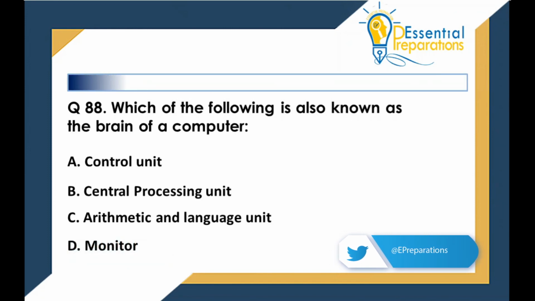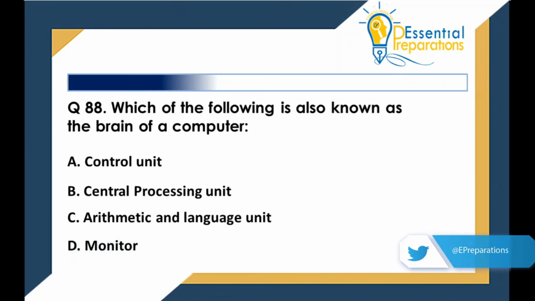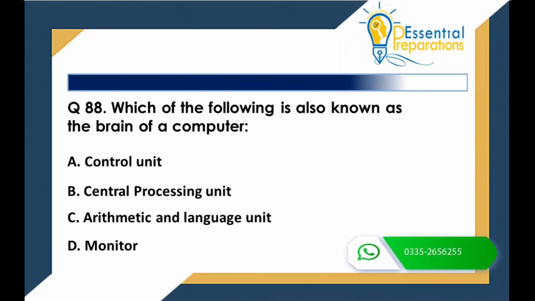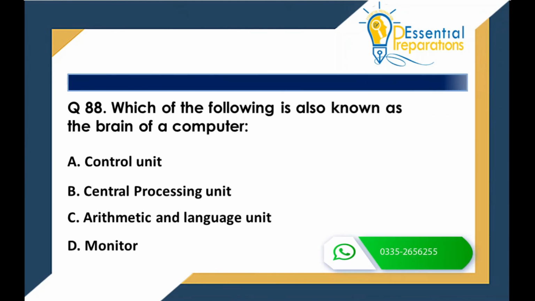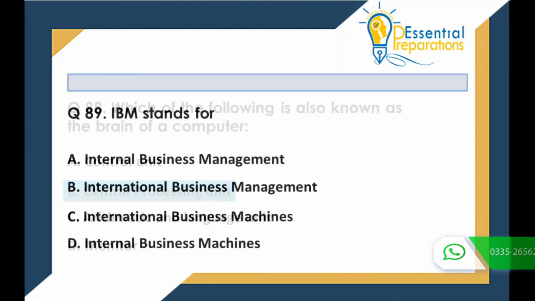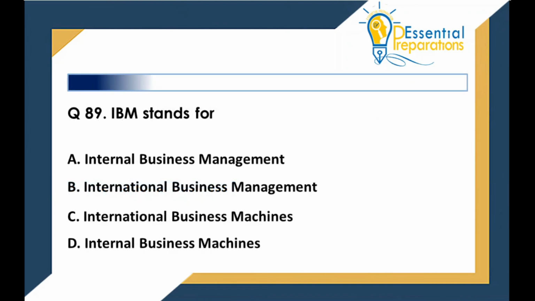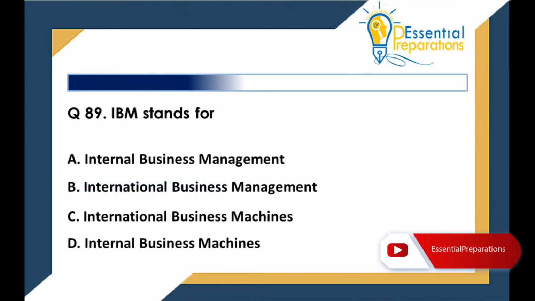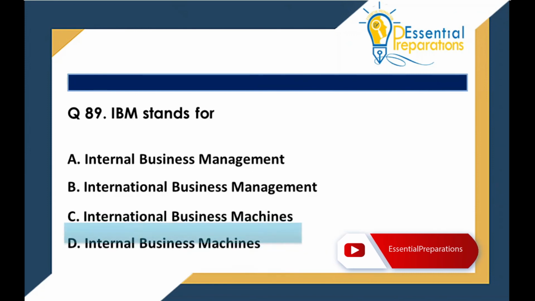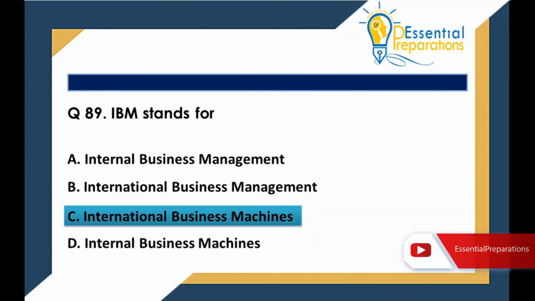Which of the following is also known as brain of computer? B. Central Processing Unit. IBM stands for C. International Business Machines.